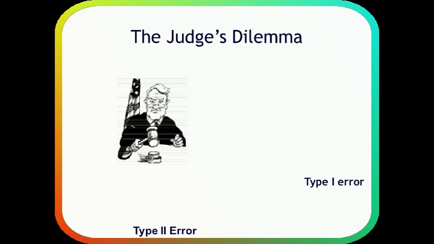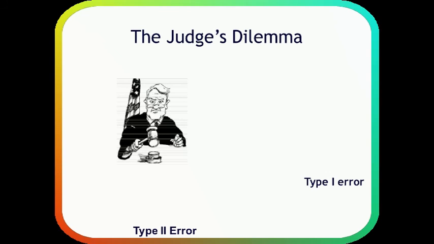Now, please look at this very carefully. We will first talk about type 1 error. If you remember, what we said was type 1 error is committed when we fail to accept the null hypothesis when it is actually true.